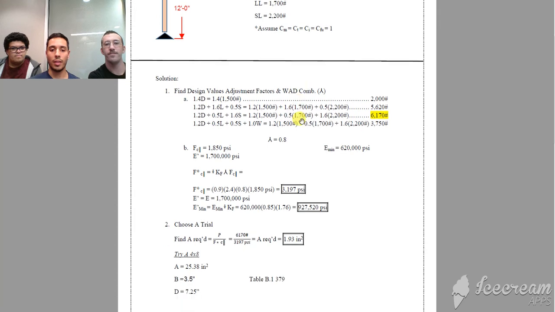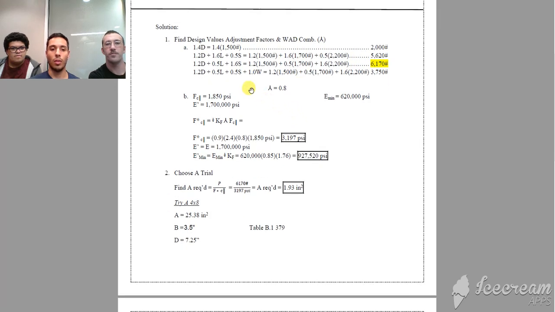So with that being said, the next step is going to be to find our design values. As you can see, we have several equations here that were all gathered from the book. And there's going to be one that's going to dominate, that's going to pretty much drive what lambda is going to be equal to. And as you can see, 6170 pounds is dominant, which is equal to 0.8.